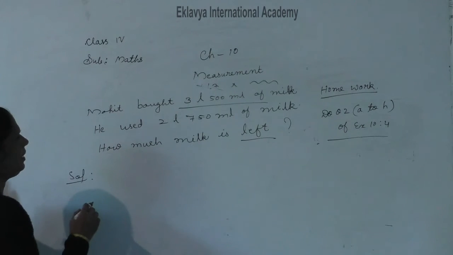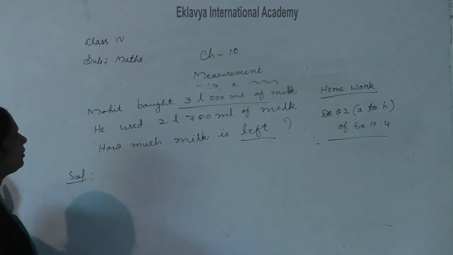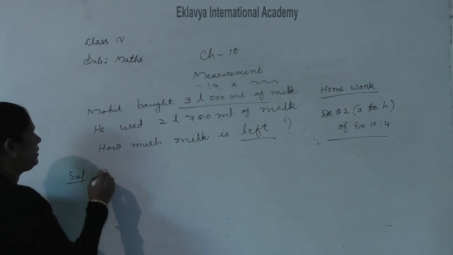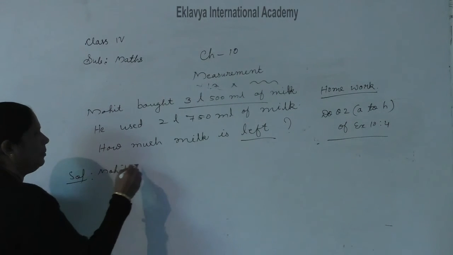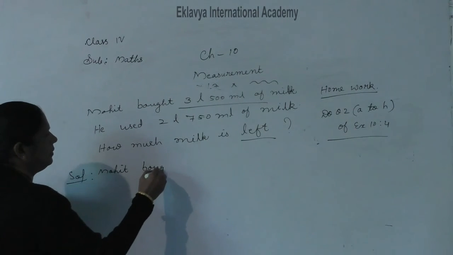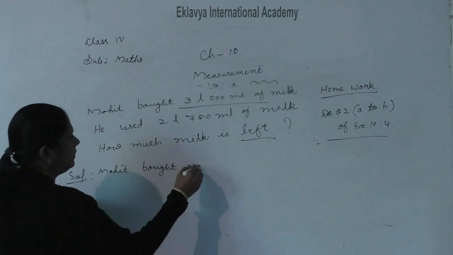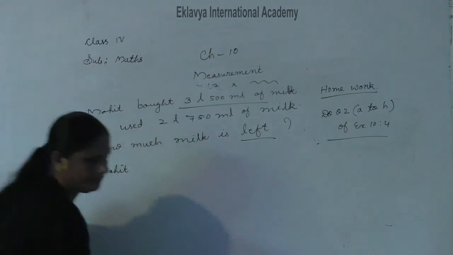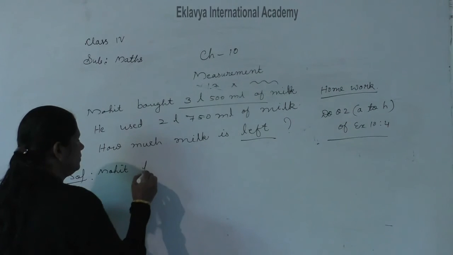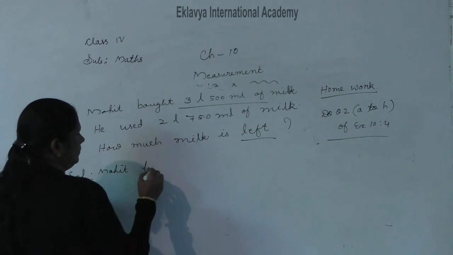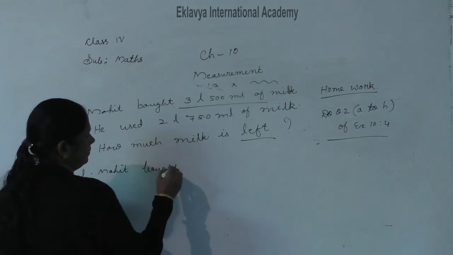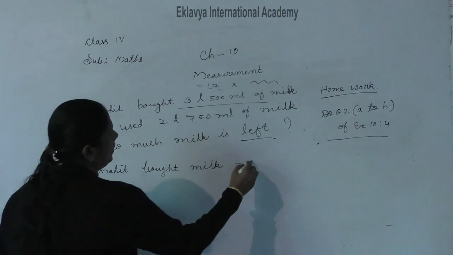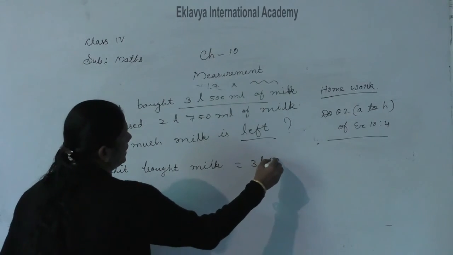First, quantity of milk Mohit bought is equal to 3 liter 500 ml.